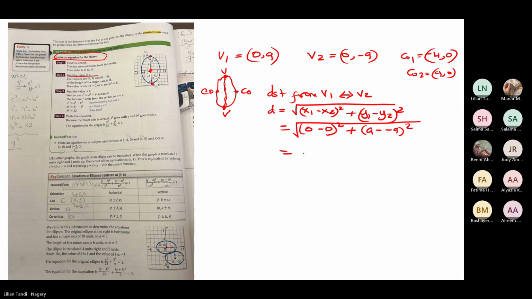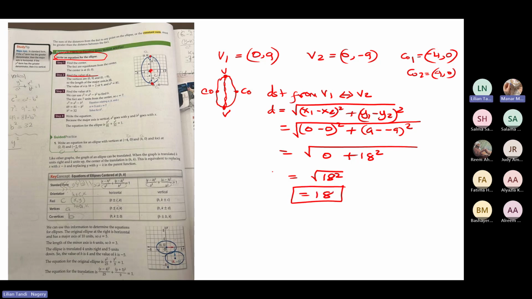So this gives 0 plus 18 squared, and the square root of it is just 18. I don't even need the calculator. So this is the major axis.